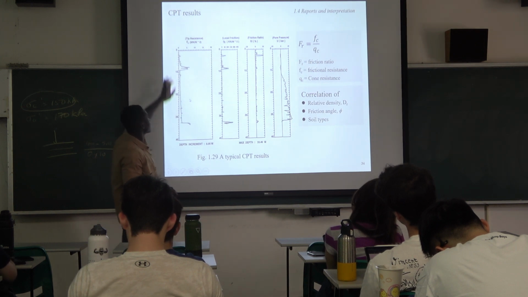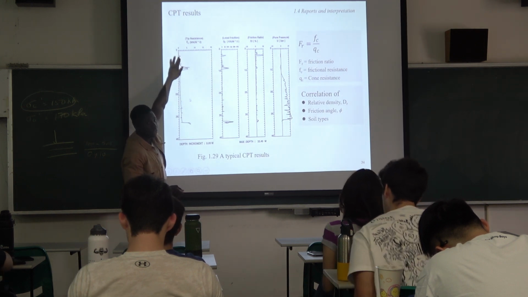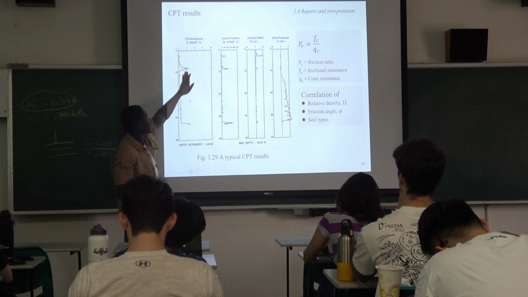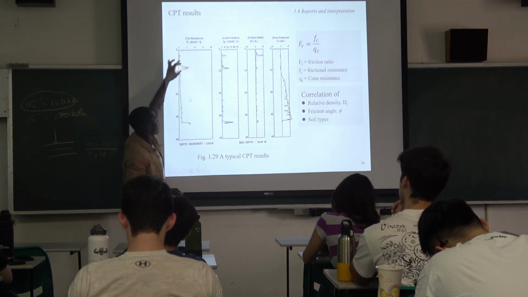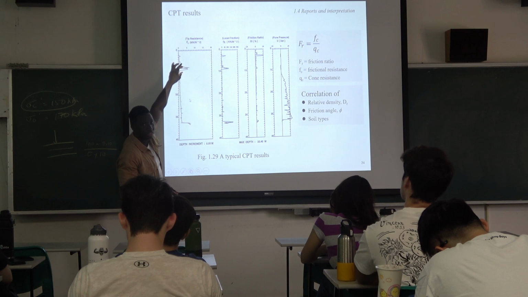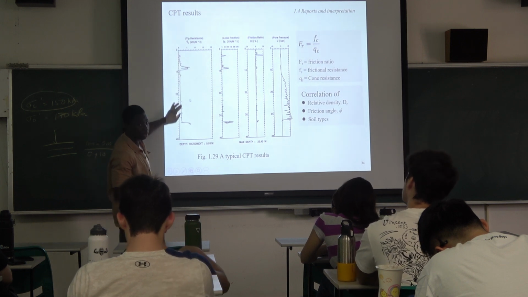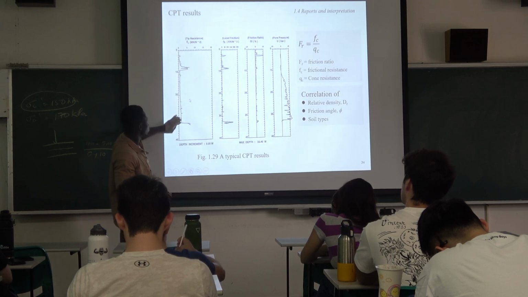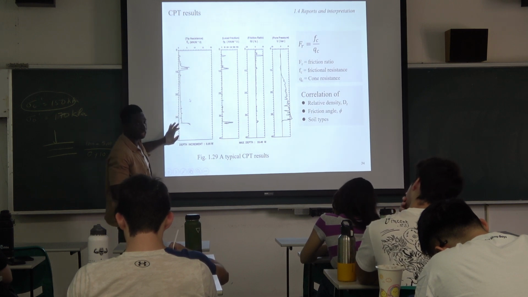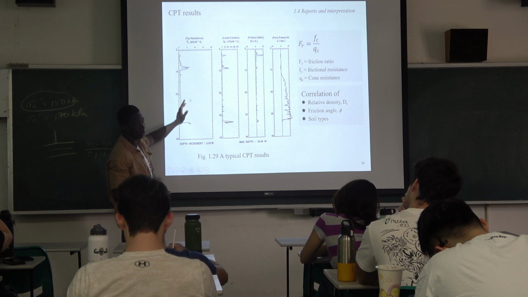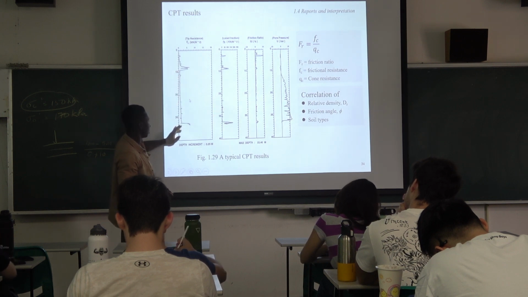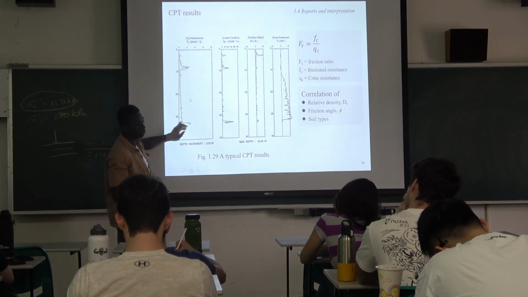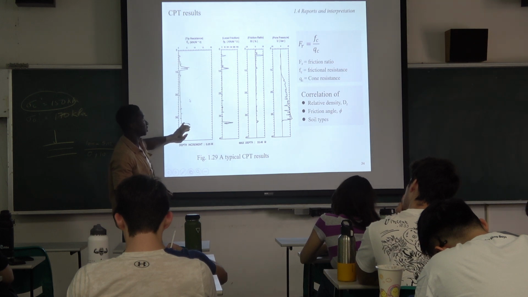You can see the resistance here is very little, but as you go down, the resistance gets bigger. This gives you an idea that the material here is quite different from the material here, and this is stronger. And then here you can assume that this is the same material because the resistance is pretty much the same. And then here you can see you have a very, very hard material because the resistance gets a lot more.